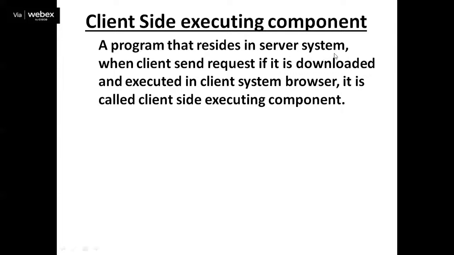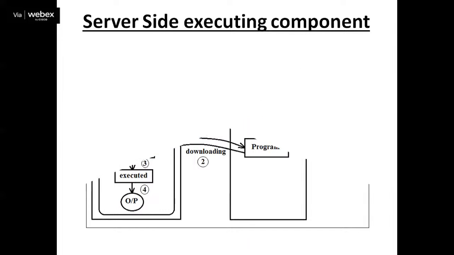A program that resides in the server system. When a client sends a request, I'm not talking about client side, I want you to change it to server side. Is it downloaded or directly executed? If it is directly executed in the server system, generates output, and sends only the output to the browser, it is called what? Server side executing component. You have to get these points, okay?